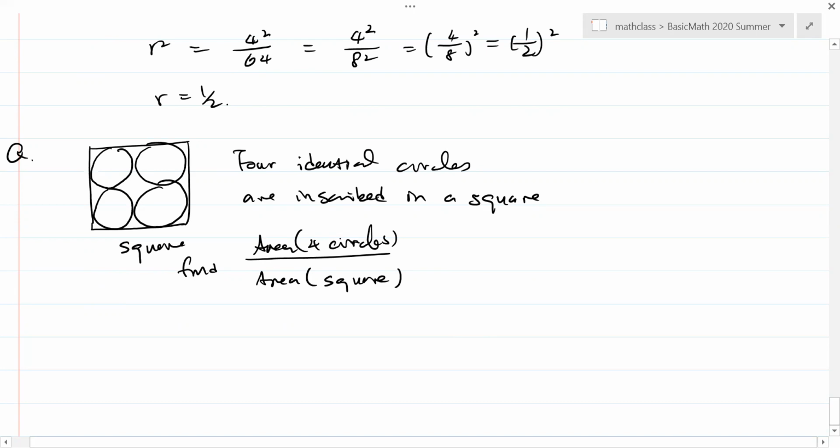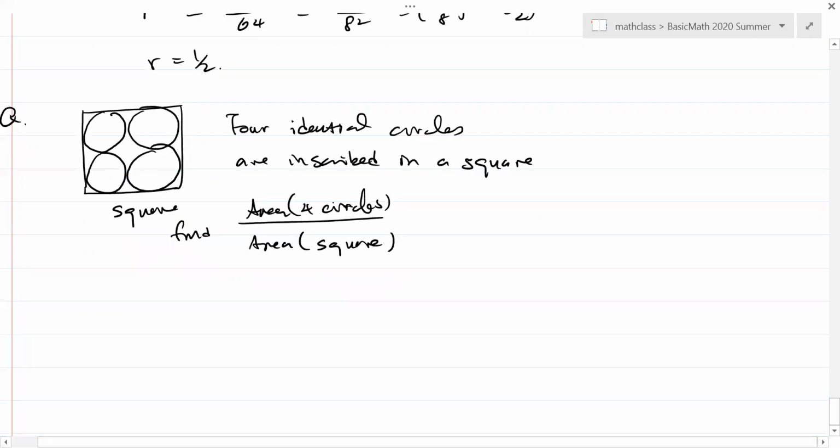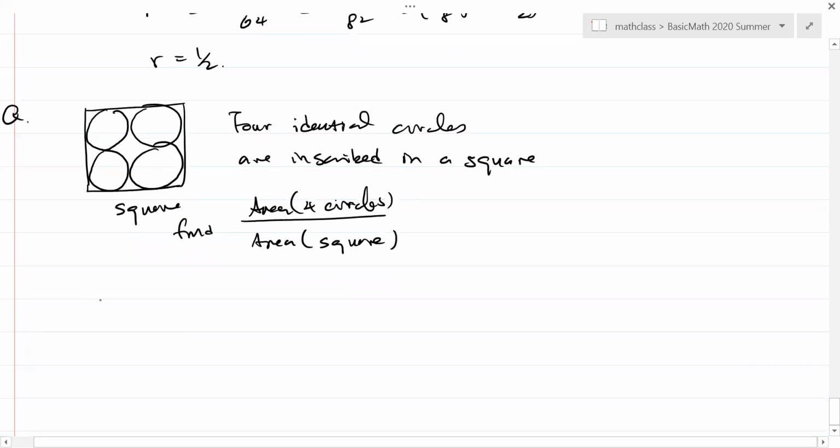All right, so let's do this problem. First of all, we have to find the relationship between the radius and the edge length. From the picture you can see that a is going to be double the diameter. It's going to be 4r, right? So 4 radii give the edge length of the square.